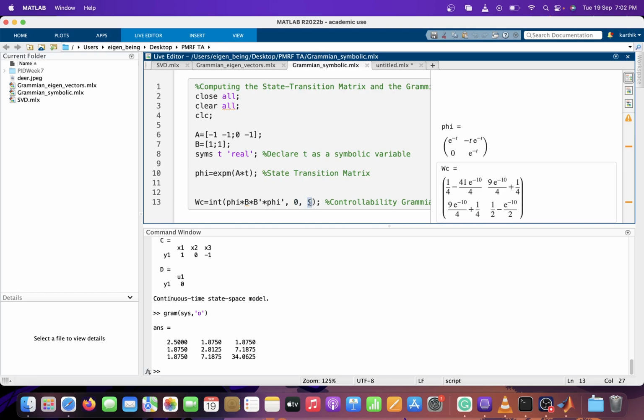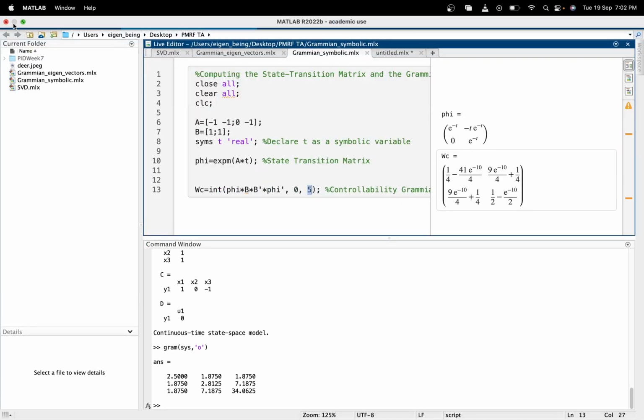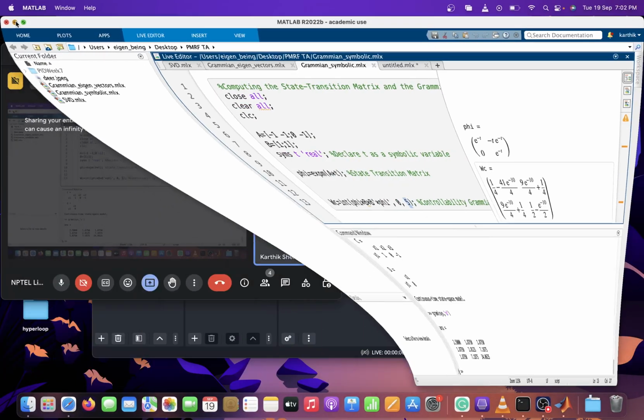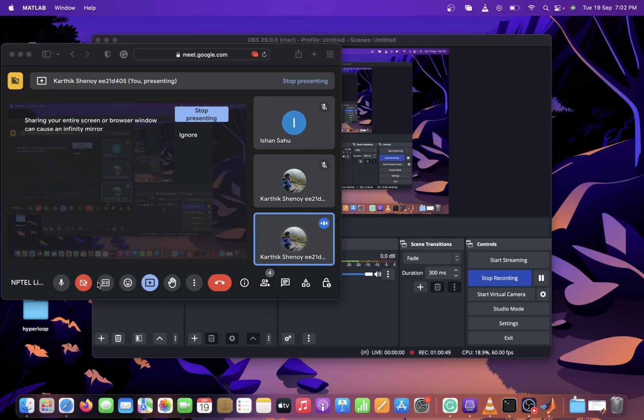That's how you have to give it, and you'll get the observability Gramian. The code is already there, you just have to change it according to the observability case. So now we look at detectable systems.